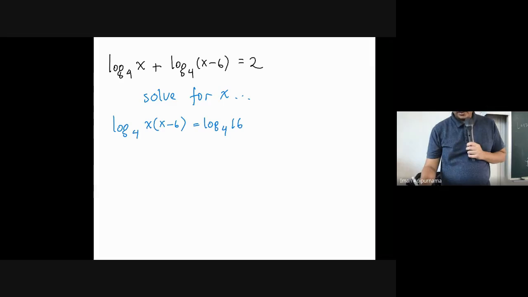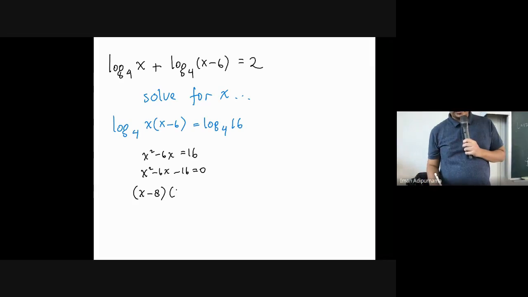Then we can write x squared minus x is equal to 16, and we can solve this by making it 0. So we can solve this as x minus 8 and x plus 2, right? So x1 is 8, x2 is minus 2.